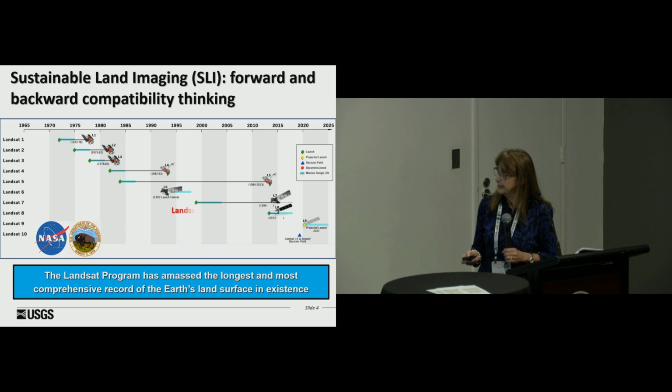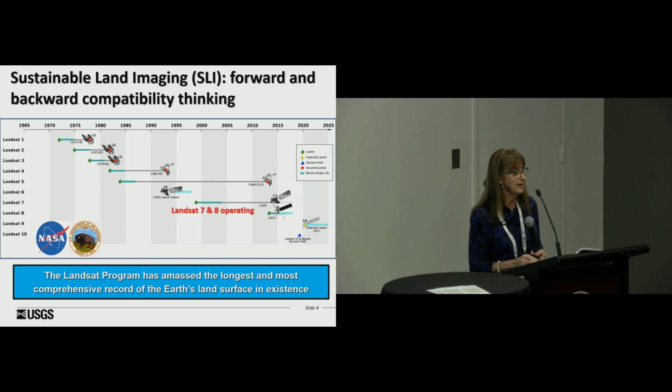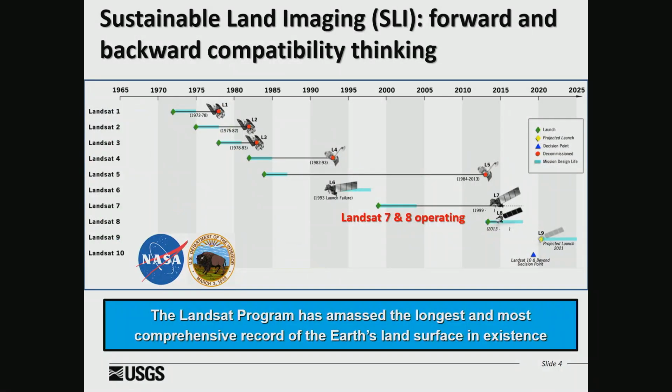Landsat 7 and 8 continue to operate today, and Landsat 7 is ending its life expectancy. We did the last inclination maneuver a couple of years ago. We don't have enough fuel to get through about April of next year, so April of 2021.